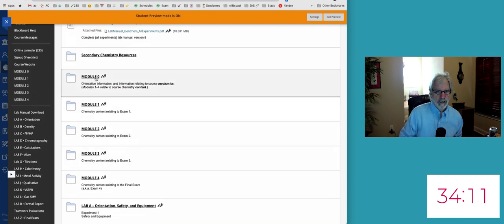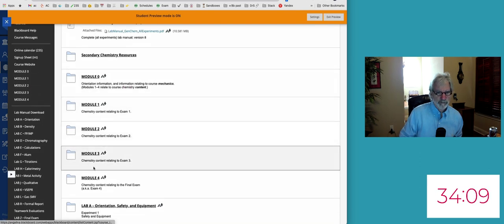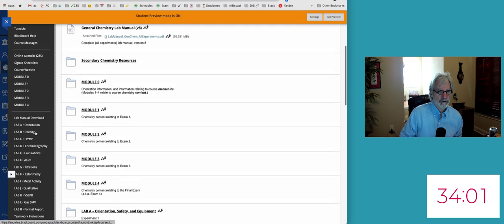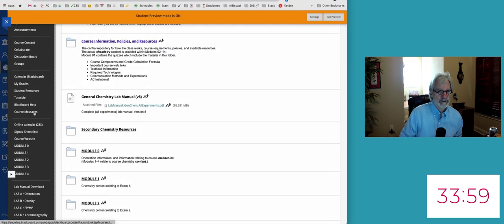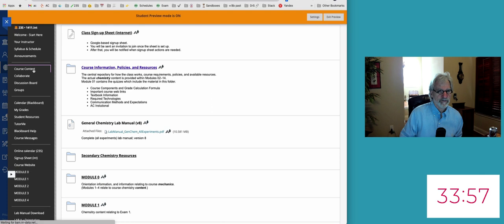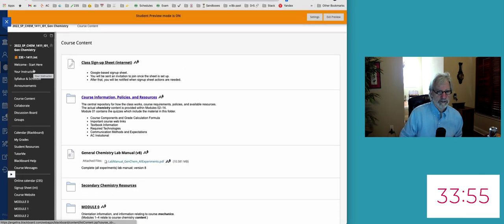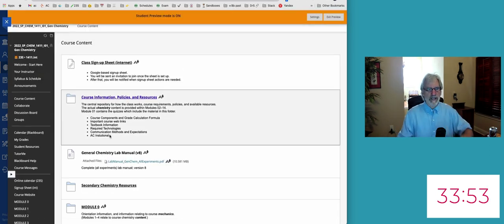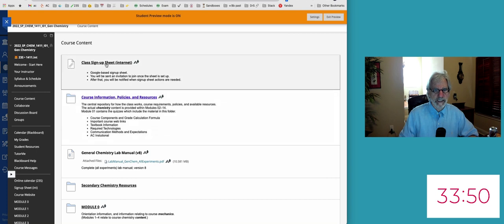Just so you know ahead, for each module, the lecture and each lab component, I have made a shortcut over here. But these are shortcuts to the information that lives inside of course content.